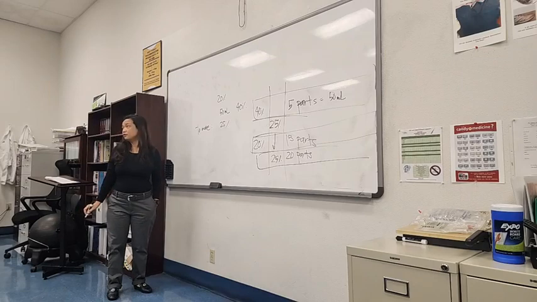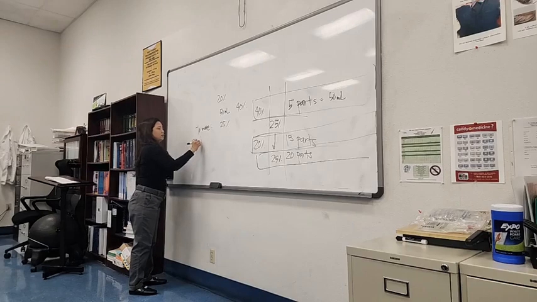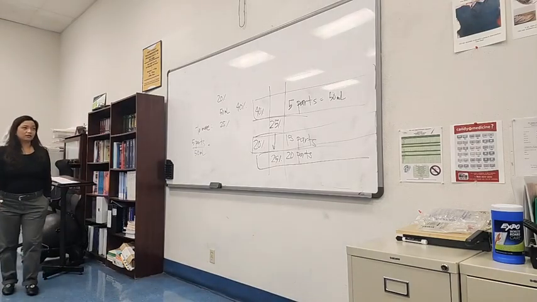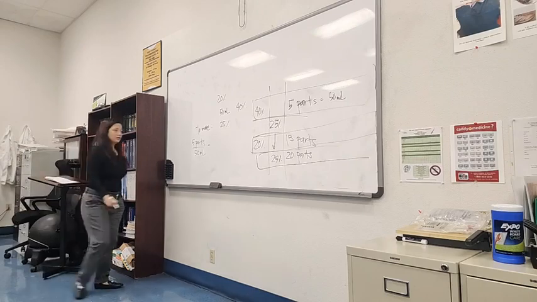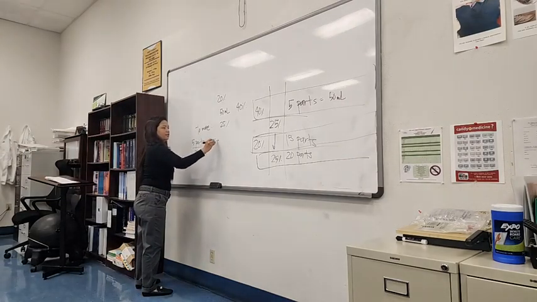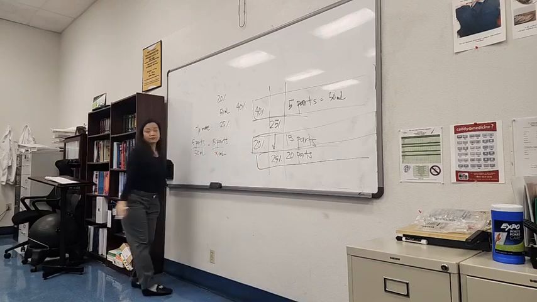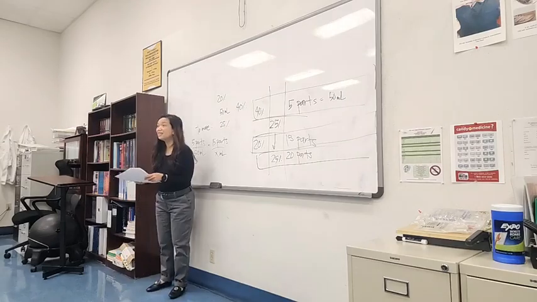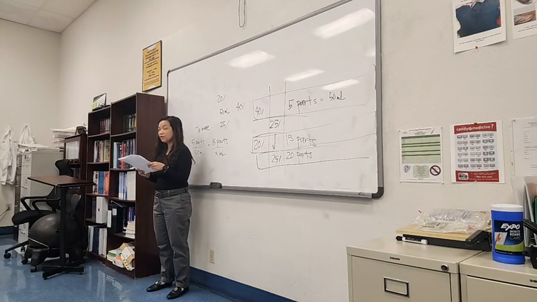It's going to be 5 parts over 50 milliliters is equivalent to, and then I'm using the 20%, so 15 parts over X milliliters. I'll pause here because I want to make sure that I'm calculating what's being asked of me. I'll read the problem again. How many milliliters of a 20%?